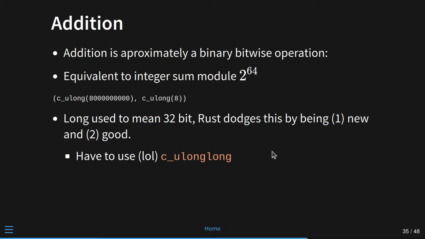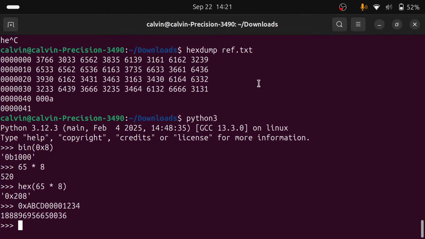We are also going to make the claim that addition is basically a binary bitwise operation, which is not too bad. You can think of it as integer sum modulo 2 to the 64, and this is really hard to show. From ctypes import c_ulonglong.